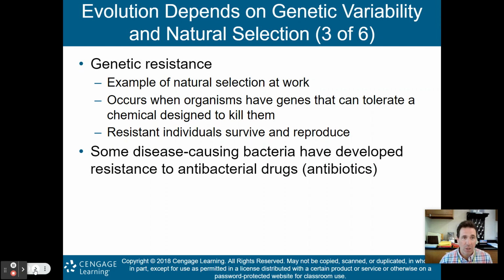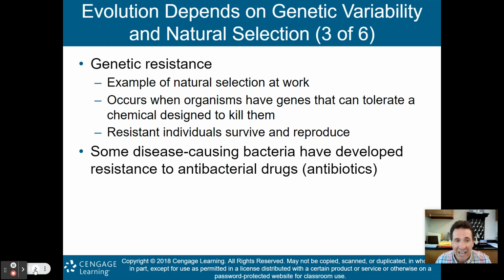Basically, that's what this is all about. Genetic resistance, evolution, again, causing those individuals that have the mutation to not be killed by the chemical. That adaptive trait is then passed on generation to generation, and eventually you have a species that now is totally resistant to the chemical that was created to destroy it.